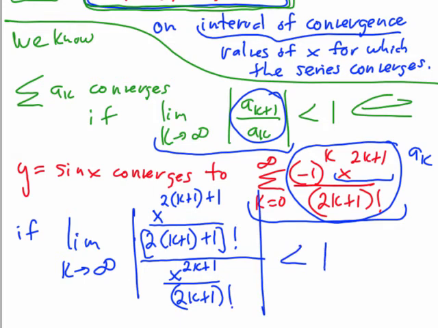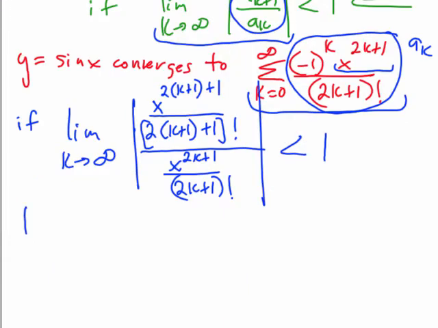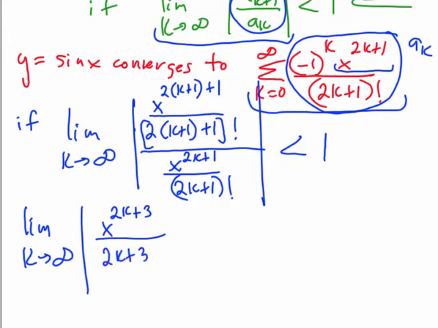and that limit needs to be less than 1. So rewriting and simplifying. That's the top fraction there, divided by the bottom, which I can multiply by the reciprocal.